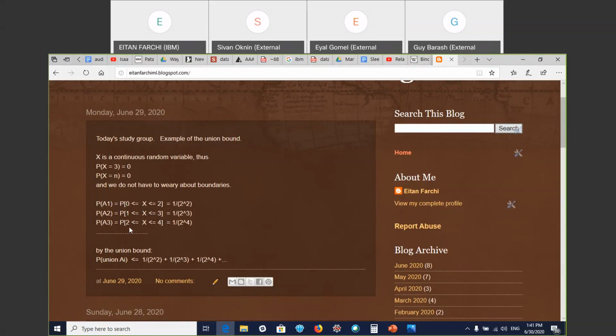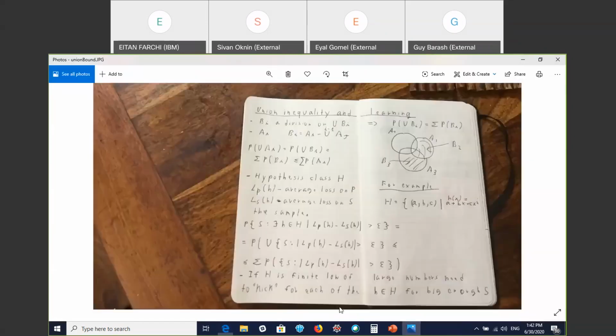A3 is that the value falls between 2 and 4, and so on. So the Ai are all overlapping, and say that these are the probabilities, 1 over 4, 1 over 8, and so on. The union bound will tell us that the probability of the union is bounded by this sum. So we can estimate the probability of the union, although the events overlap. That's where the bound is useful.